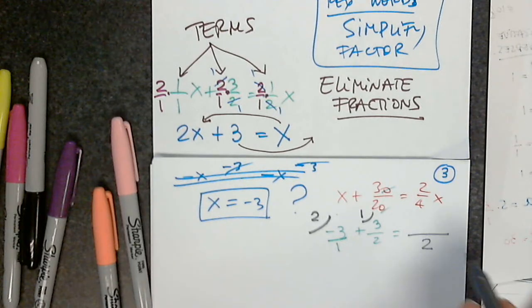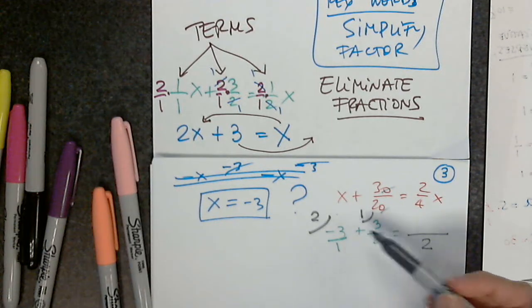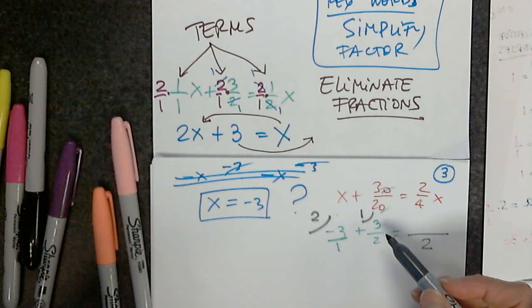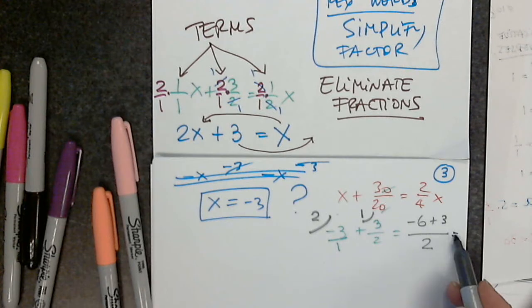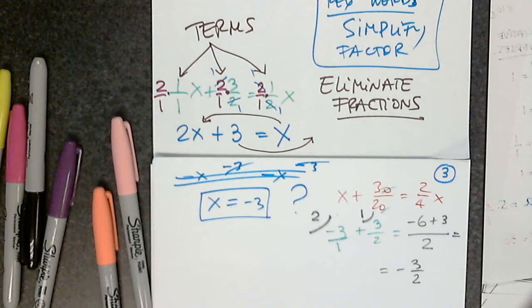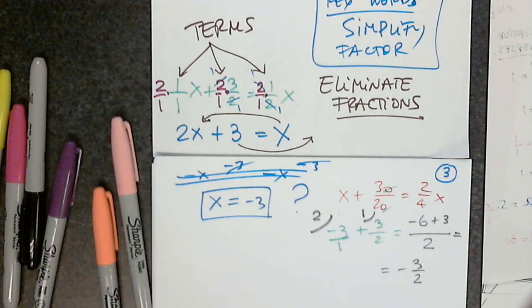Can anyone give us the top of the outcome? -3. Yes, I have a -6 and +3. Awesome. Indeed, I get -3 at the top. I agree. -3/2. So the left-hand side, when we replace x by -3, becomes -3/2.